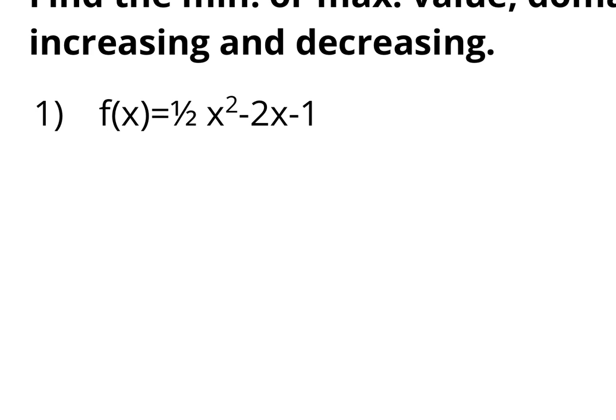Now, we talked about our a value, so before I even graph it, since I don't have a graphing calculator in my hand right now, if it's positive, you have a parabola that's happy. And so anytime I have a positive, I'm always going to have a low point, so that means we are finding our min. So Casios, make sure you're selecting min.